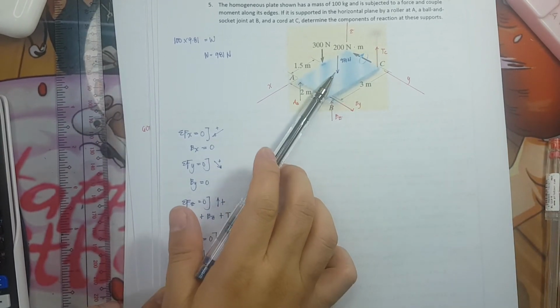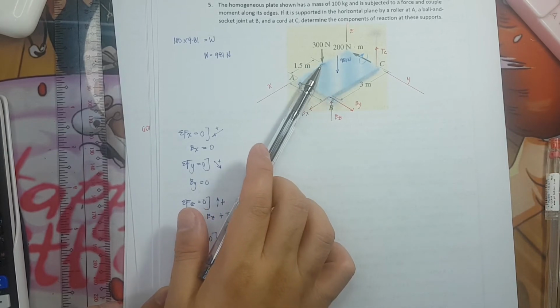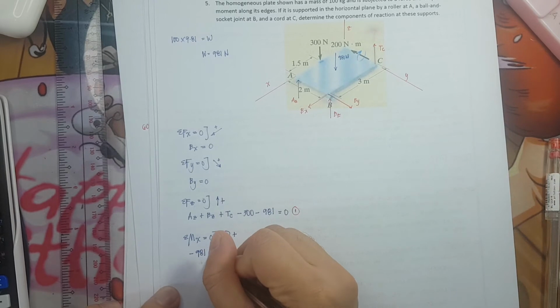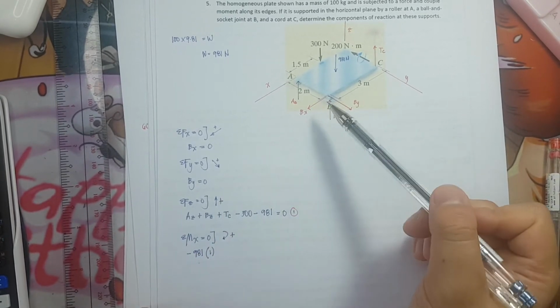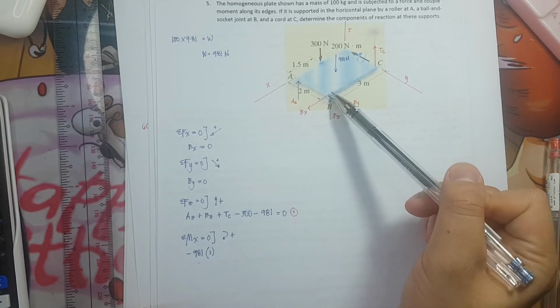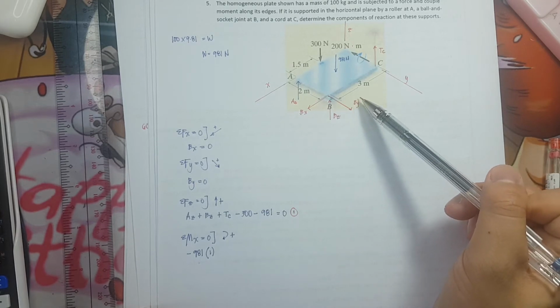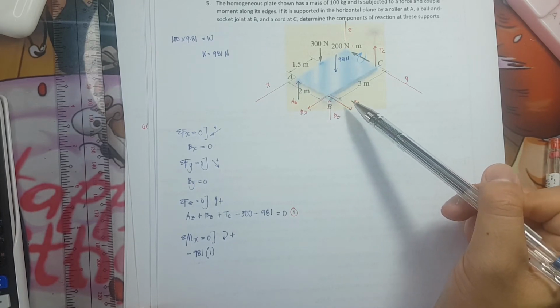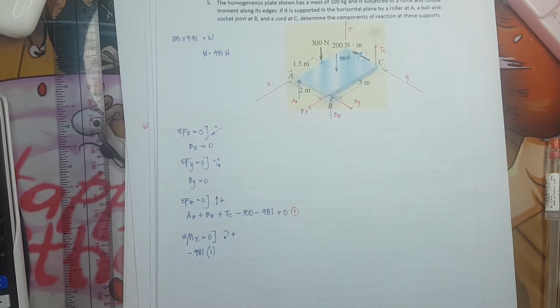The distance from 981 to the x-axis is 1 meter, so times 1. Next, we have here BZ. BZ is parallel with x, therefore we can also cancel that out. BY is also concurrent with x, so we can cancel that out.